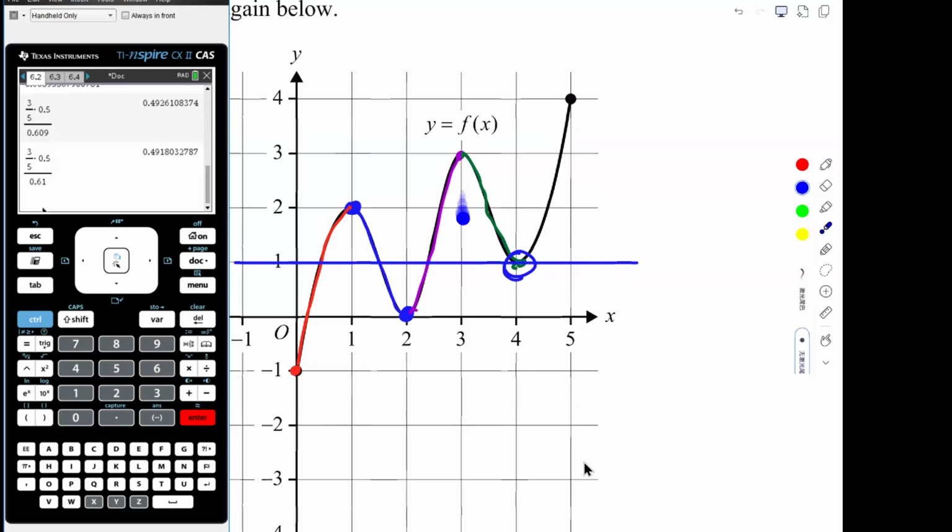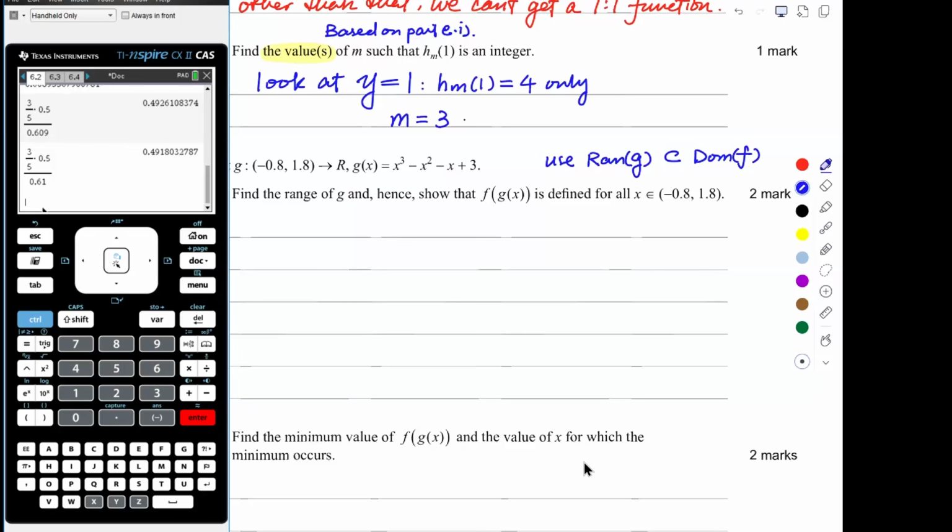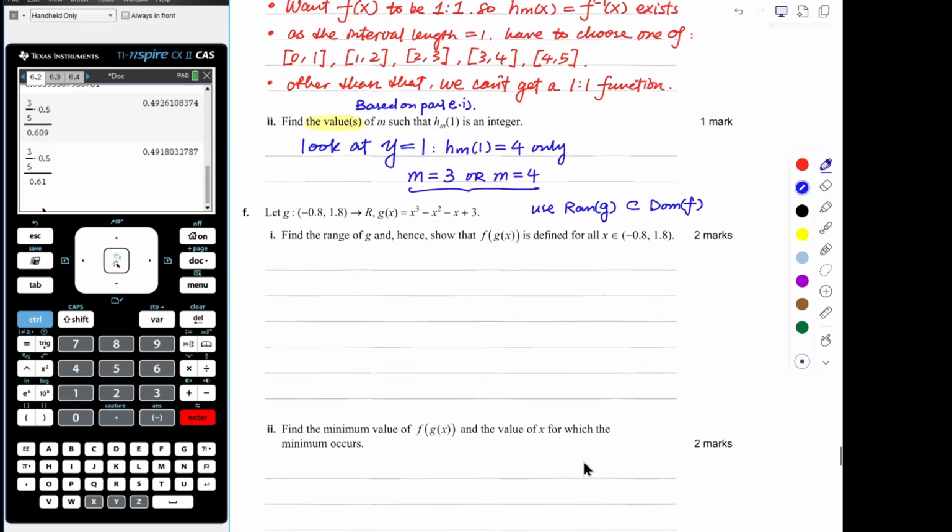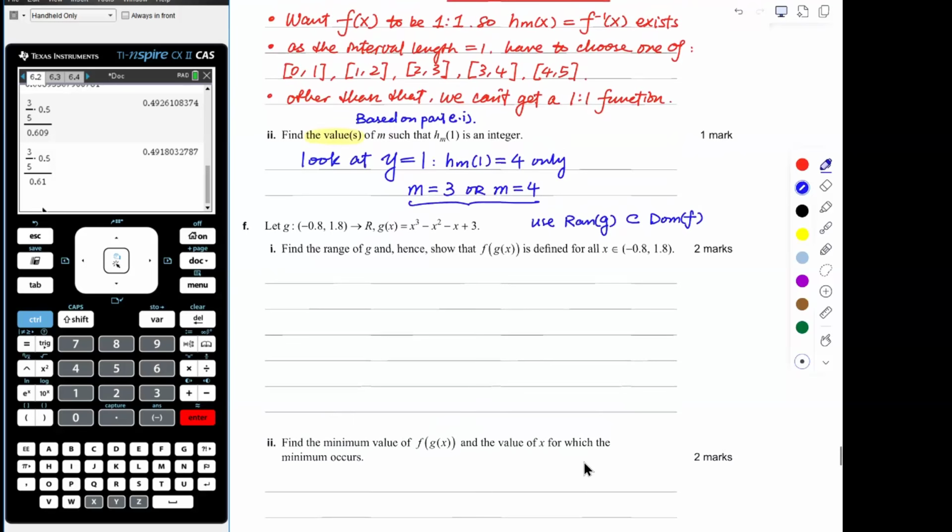Therefore, we could either take m starting from 3 up to 4, or m equals 4 up to 5. Oh, what a question. So many things to consider. So m equals 3 or m equals 4. Okay? That's why the question says the values of m.